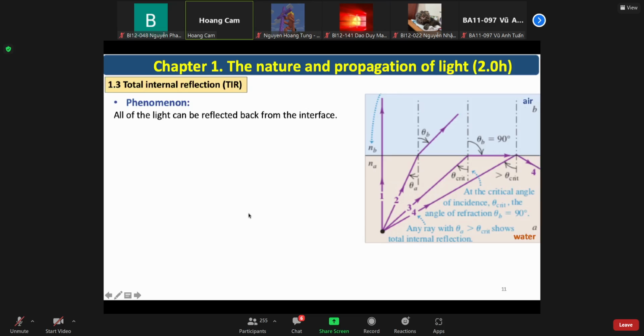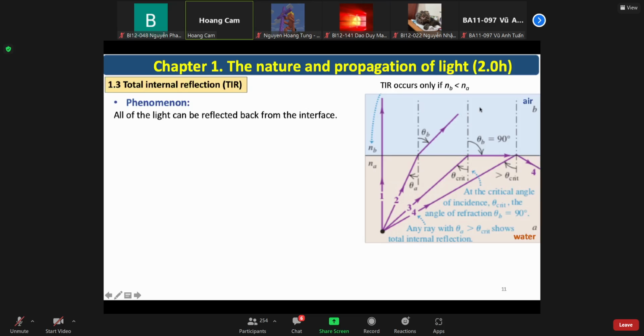So you see, we observe the phenomenon and at first we don't even need to care about the material, we just care about the direction of the light. We can conclude NB, the index of refraction of material B, is smaller than the index of refraction of material A. Here in our case, NA is equal to 1.33, for example water, and NB is equal to around 1 for air.